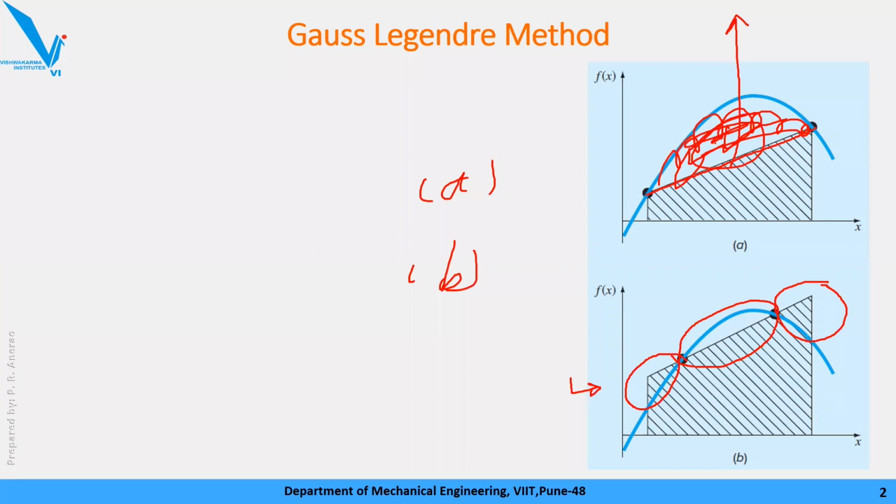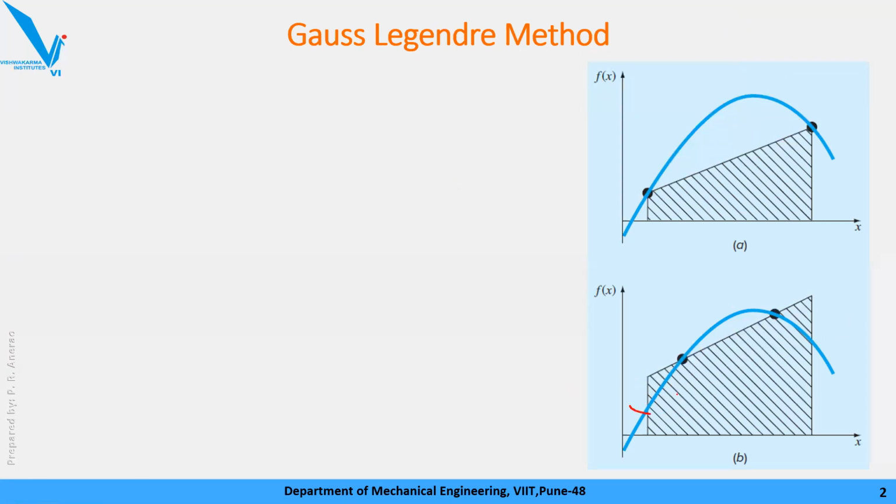If I redraw this line, if I shift this line precisely, okay, now how precisely? If you look at this part, these two parts are your positive error because they go beyond the curve.